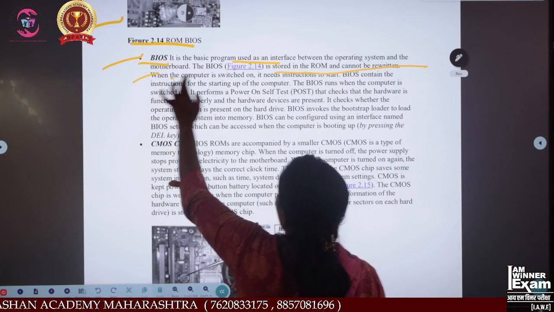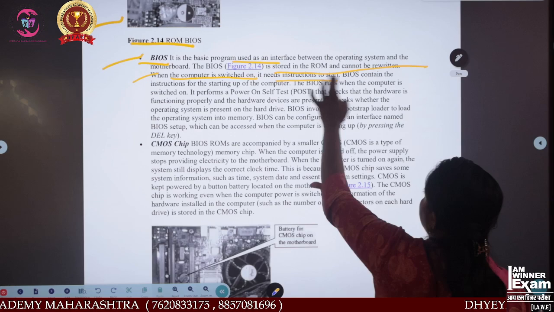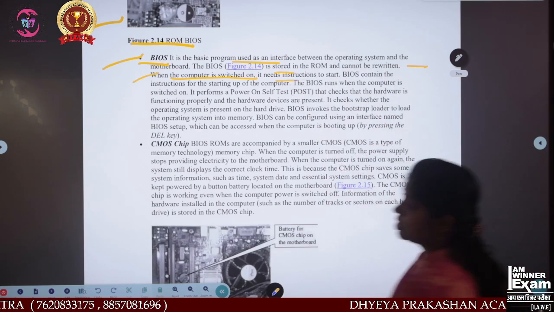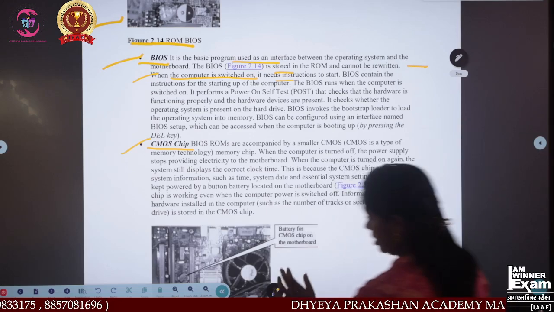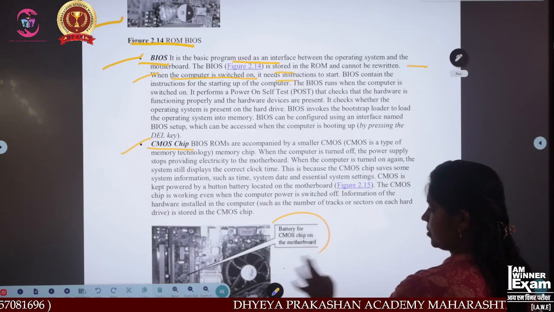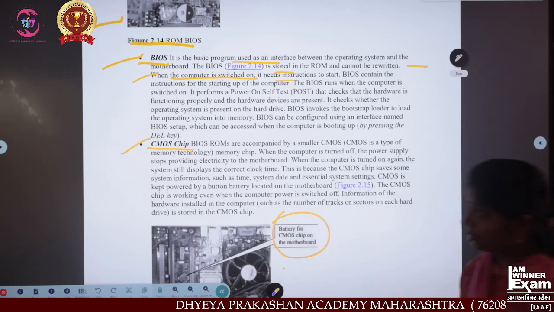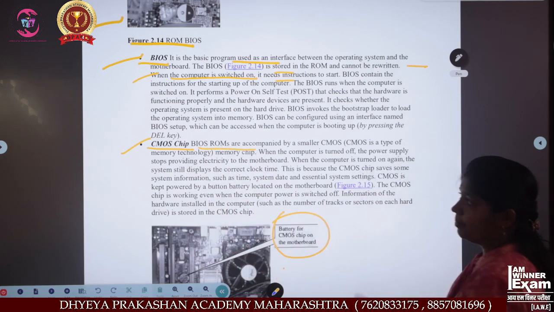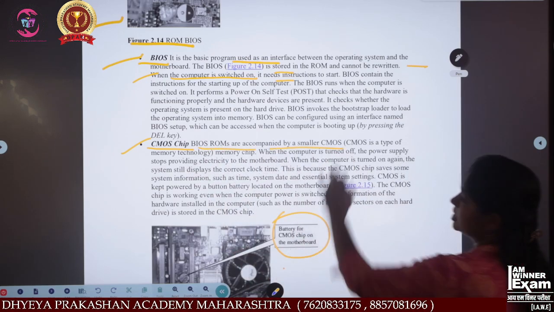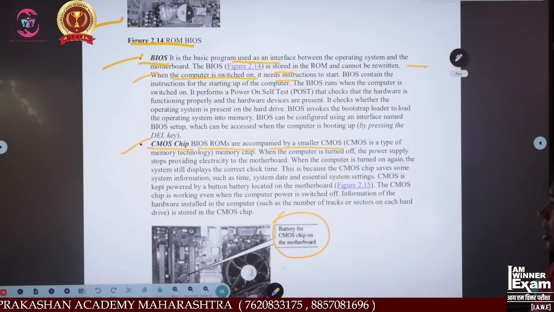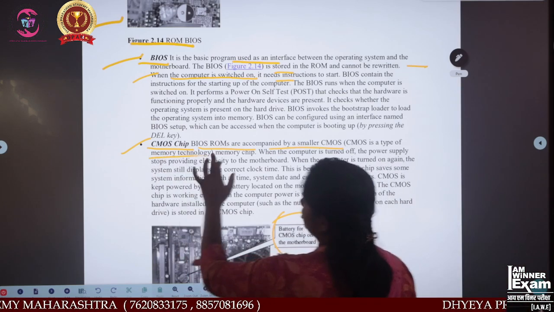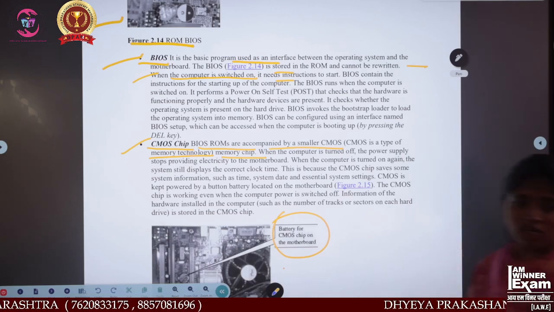When the computer is switched on, it needs instructions to start. This is the CMOS chip, and this is the battery for the CMOS chip on the motherboard. The BIOS ROM is accompanied by a smaller CMOS chip, and CMOS is a type of memory technology, a memory chip.